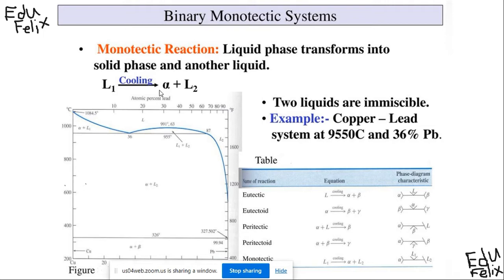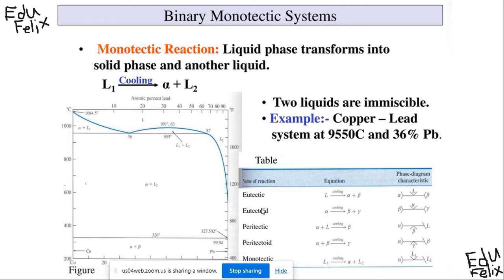L1 changes to alpha plus L2, not L1, right? So the two liquids are immiscible. Example: copper lead system at 955 degrees and 36% lead. If you have 36 percent lead and your temperature is 955, you can see another liquid phase forming.